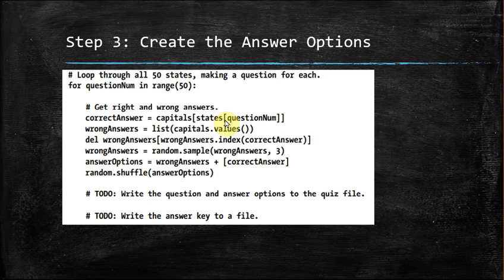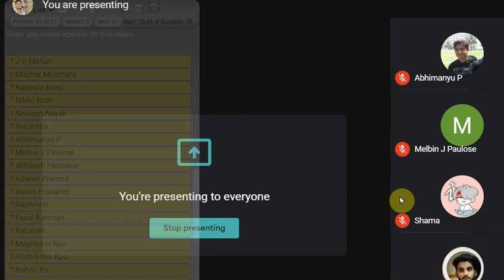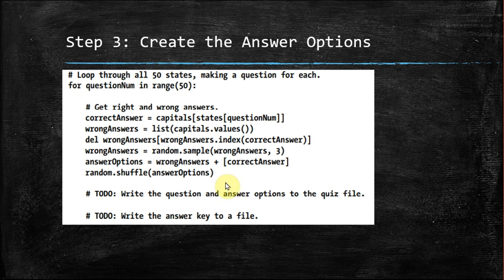So for a particular state, the correct answer is displayed here. Okay. So the correct answer will be stored in this variable correct answer.